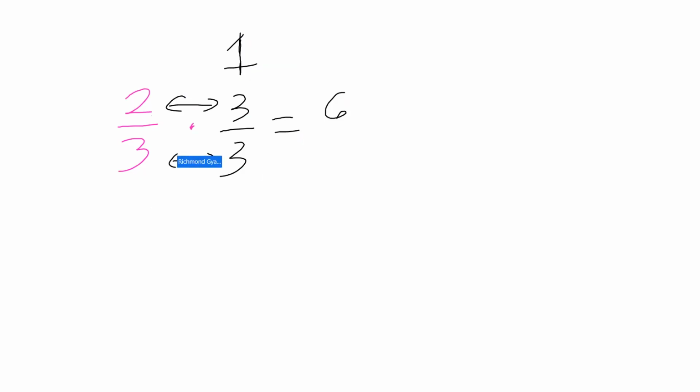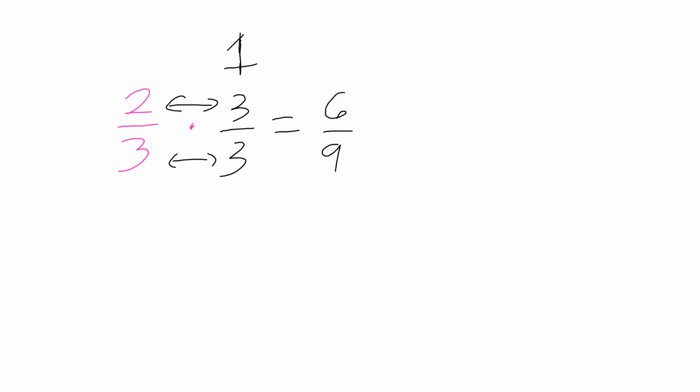But instead of multiplying by 1, I'm going to say that I'm multiplying by 3/3. Again, 3/3 is just 1. So I'm not changing the value of the fraction because 3/3 is 1. So this should give us 2 times 3 is 6. 3 times 3 is 9. 6/9.